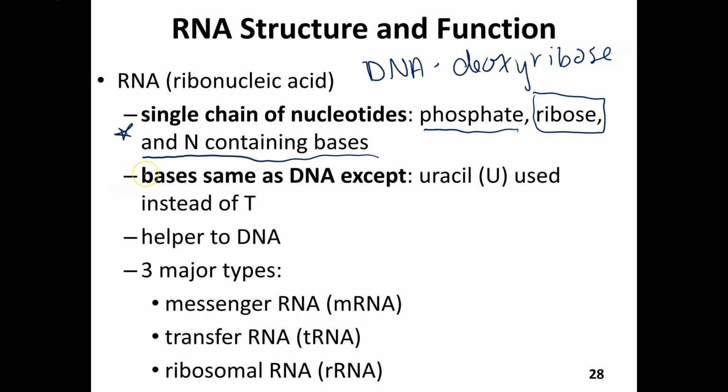There are 4 nitrogenous bases in RNA, just like in DNA. The bases are the same. We still have guanine. We still have cytosine. And we still have adenine.